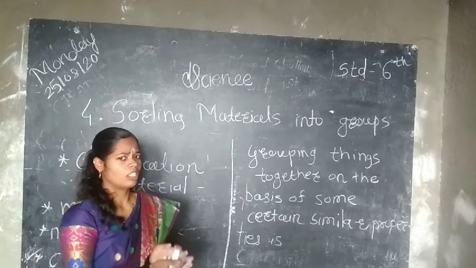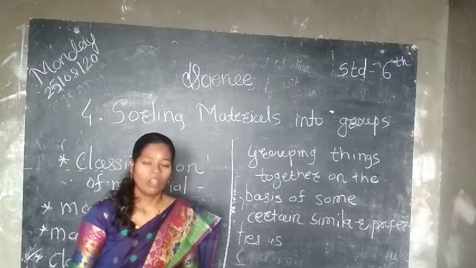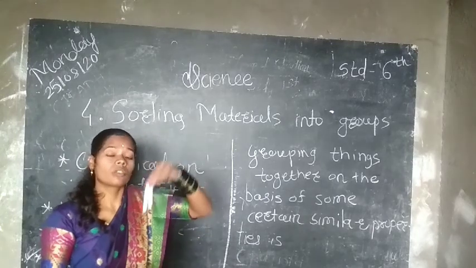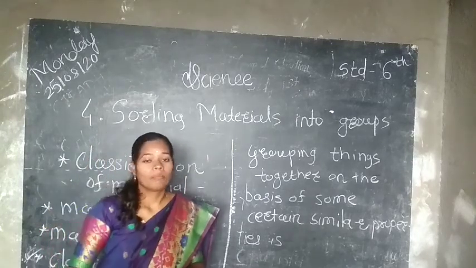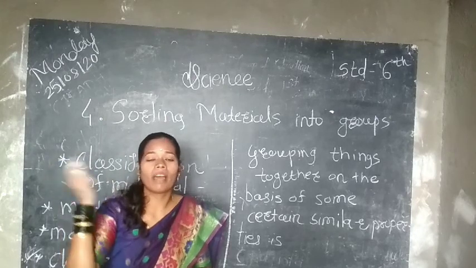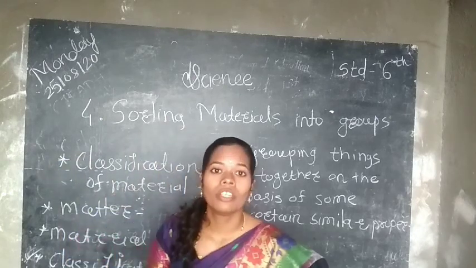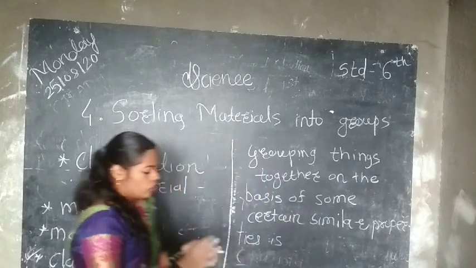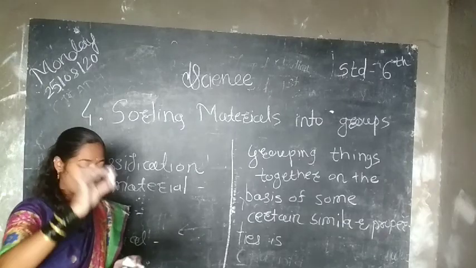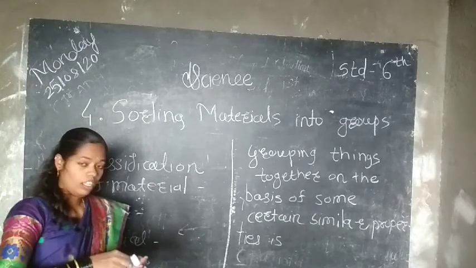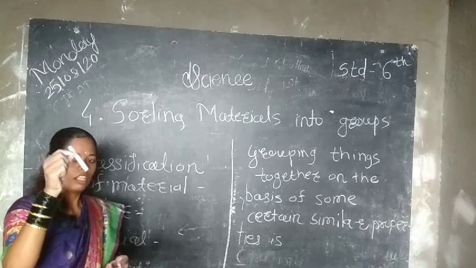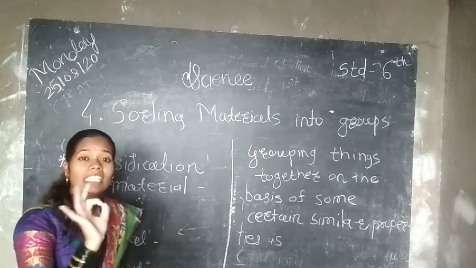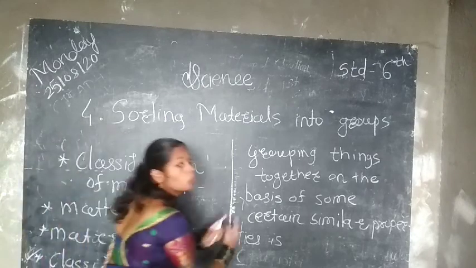But all are chalks. They differ in shape. This one is very small, this again small, this large, this a little bit small, and this one. So by their shape you group them.